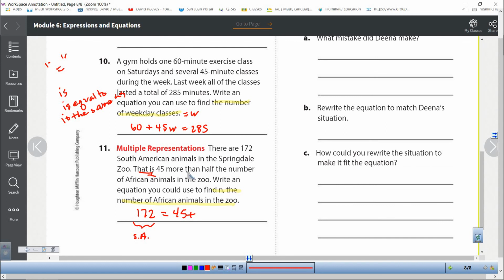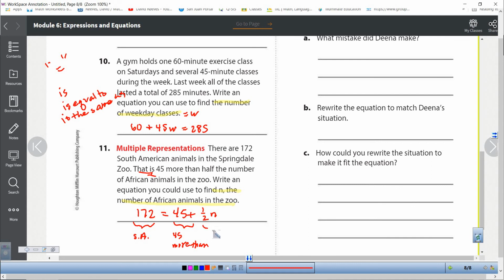Earlier this year, we talked about writing expressions. Half the number of African animals. And it said N was the number of African animals. All right, so this part right here, that's the 45 more than, right?